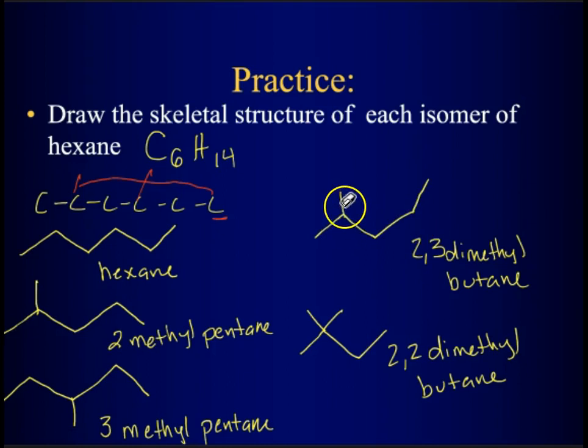So it's a pentane with a methyl group on the second carbon. So it goes right back to this guy right here. So we always want to add our substituents to the middle of our chains, not to the end, to create our isomers. So our 5 isomers of hexane are these 5. These will match the slide previously when we had all of the condensed structures of our hexane isomers.